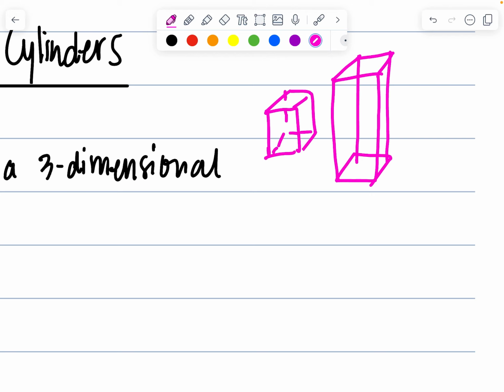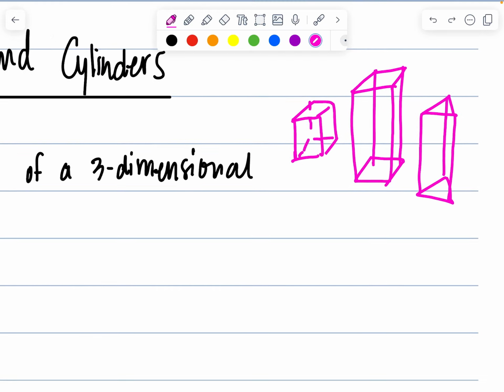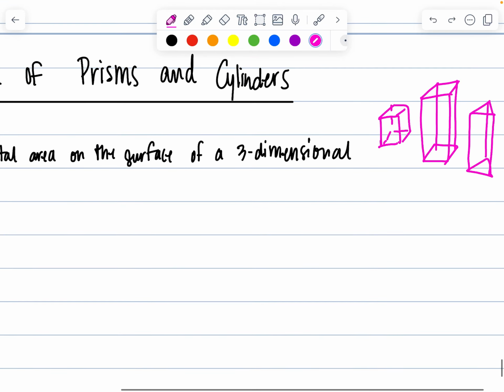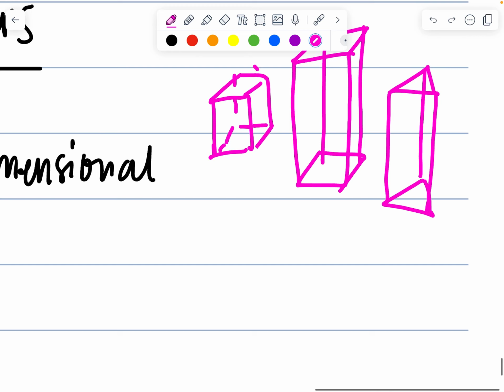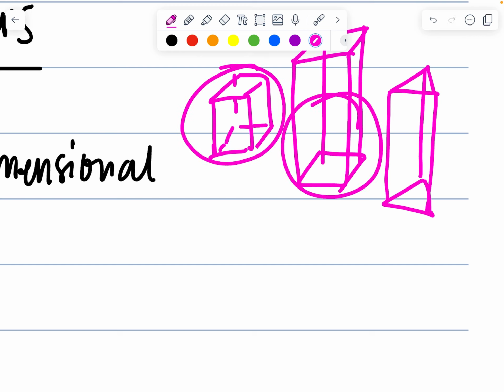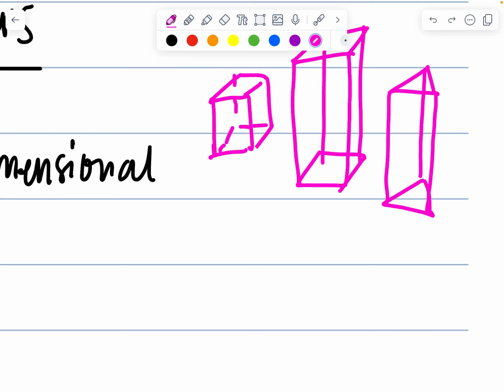And lastly, if you have some kind of weird prism, like a triangular prism, you would have 3 different lateral sides, because there are 3 sides to the triangle, and each of these triangles are the bases. That's going to be an important feature, and I'll get into that in a little bit. But here we would have a cube, here a rectangular prism, and then a triangular prism.